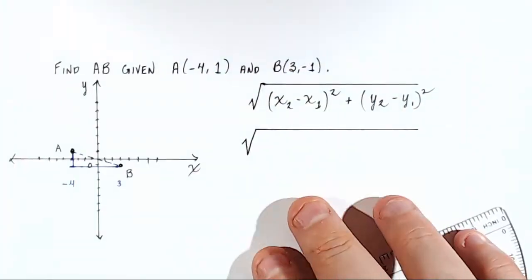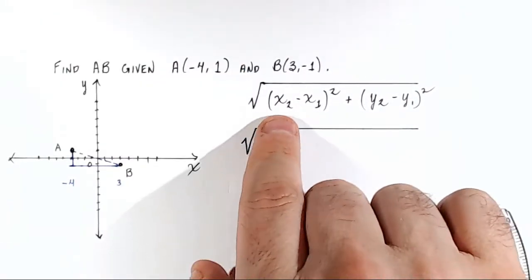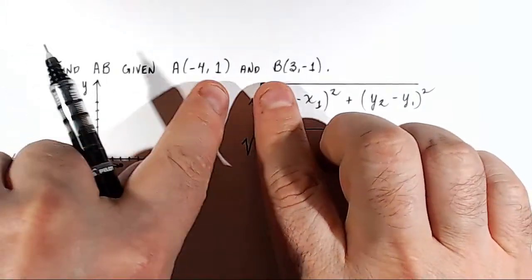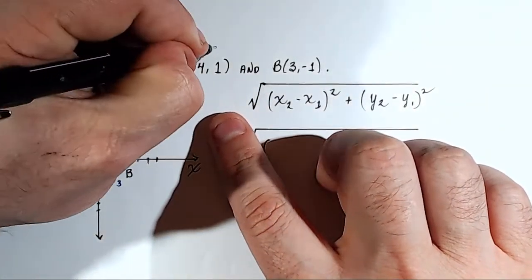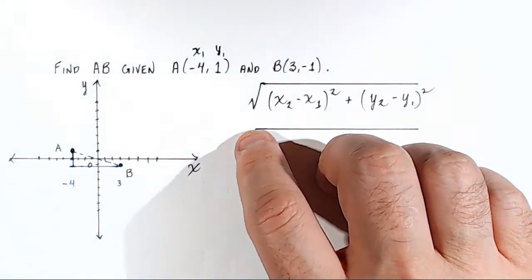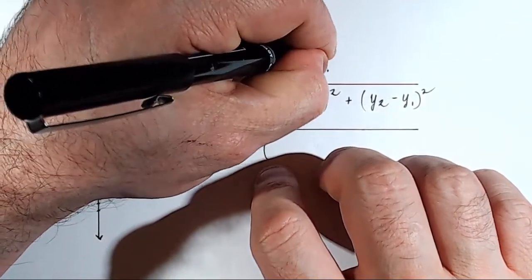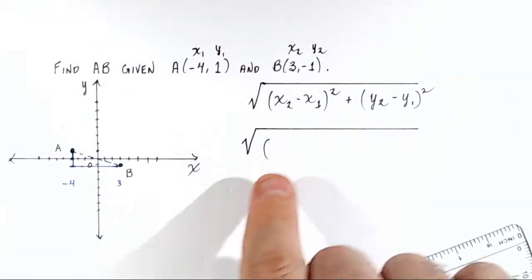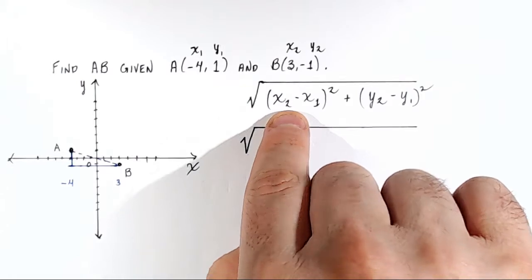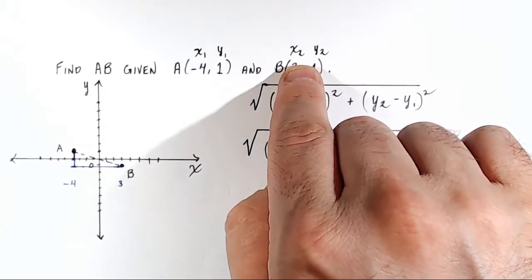We're taking the square root, open parentheses, and now it says x2. Well, maybe we should label these points. A is giving us x1 and y1, and B is giving us x2 and y2. Okay, so let's look. X2 is going to come from the B point, which is right there, 3.